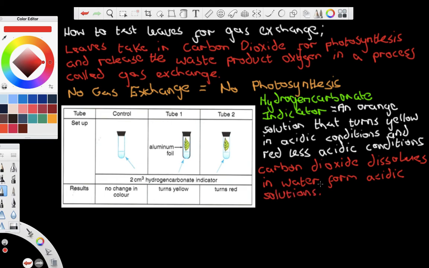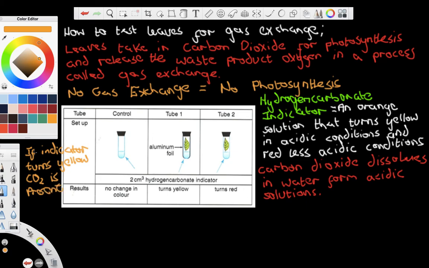So if it turns yellow, carbon dioxide is present. So we can say over here, I'll add it so that it's here for our reference, if indicator turns yellow, CO2 is present.